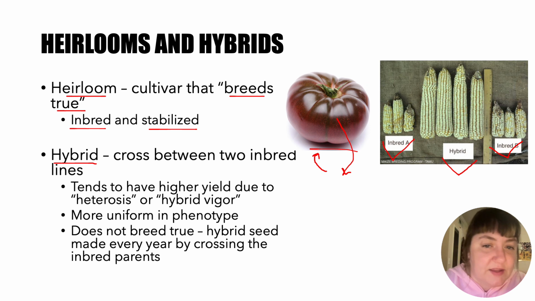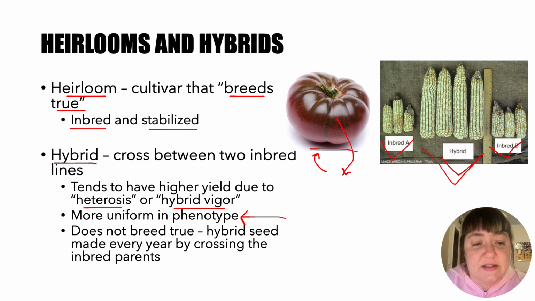You can see here that the hybrid in the middle, the cobs are a lot longer and they have more seeds than the parents. This is called heterosis, also known as hybrid vigor. There are some interesting genetic reasons for why that happens. But in terms of its usefulness, you get a more uniform phenotype.